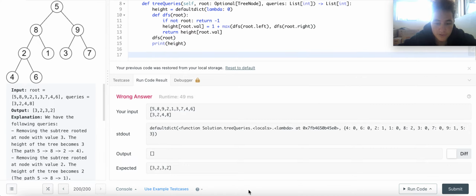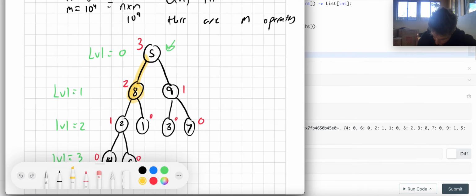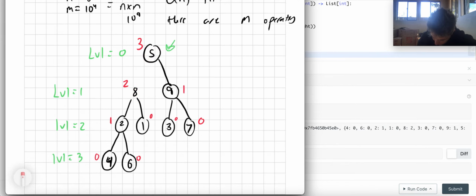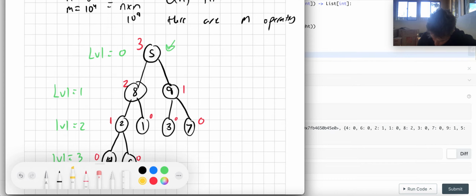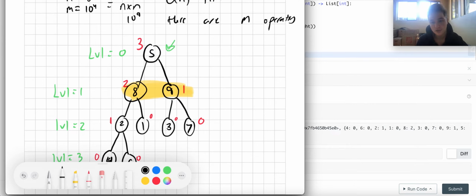So what we're going to do then in this problem, and maybe this will help, is we're going to run BFS on this system, and we're going to look at each level. And when we look at this level, we're going to say, what's the max subtree at this level without 8?